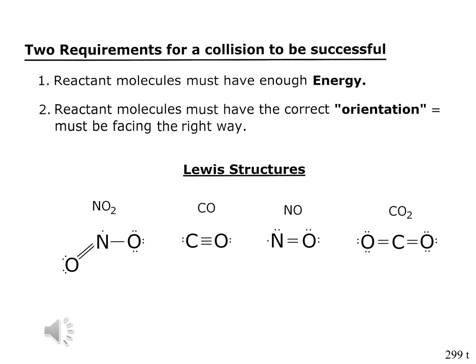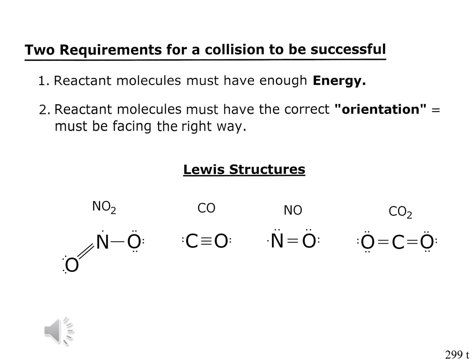I want to show an example where we use 4 molecules that demonstrate this. And NO2 is, you can see, is bent, 120-degree bond angle. CO and NO are just 2 atoms, and CO2 is linear.